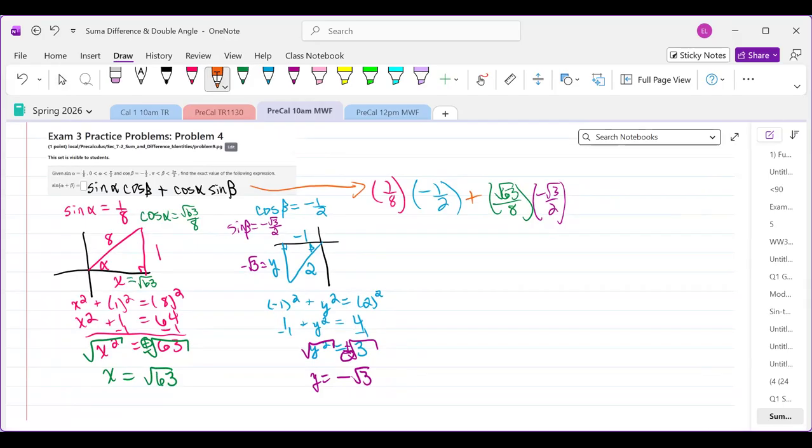Now on the test, after you answered this question, there's going to be a follow-up question that asks, what's the sine of 2 beta? So our formula sheet tells us that sine 2 theta is 2 sine theta cosine theta.